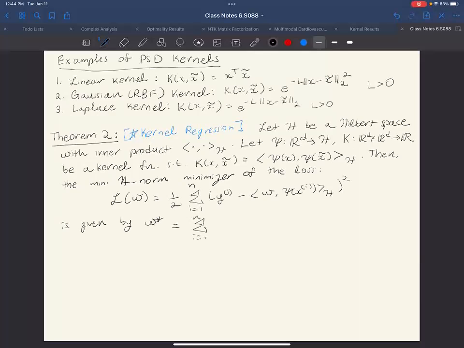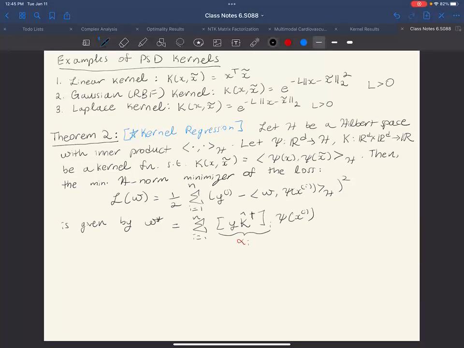Remember before we wrote it in terms of these alpha i's, we're now actually going to solve for exactly what that alpha i is. In particular, it's given by something that looks a bit familiar, which is this Gram matrix. These are our coefficients, these alpha i's from the previous few pages. What we're claiming is that the minimum norm solution is again in the span of the training data.